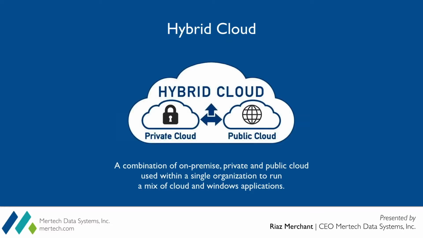This will allow companies to keep the investment and the infrastructure that they have built over the past 20, 30 years intact, and it allows them to take advantage of what cloud computing promises and build new applications around that. So there's going to be this transition period where you have on-premise, off-premise, and this hybrid cloud scenario.